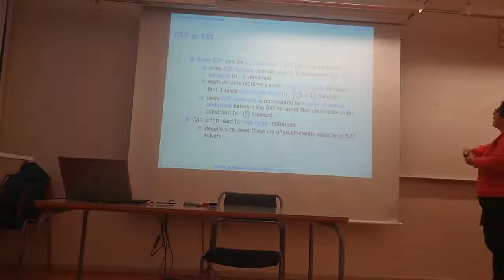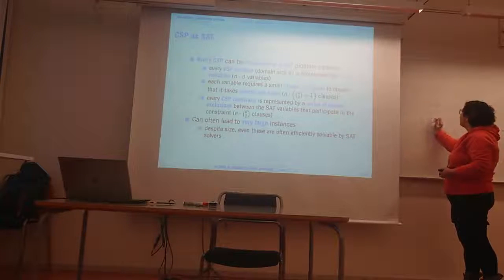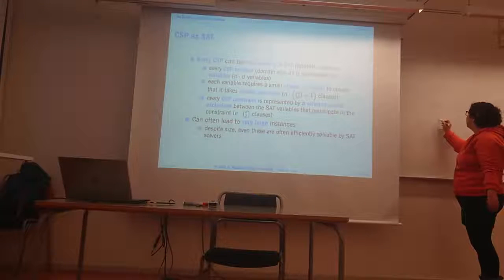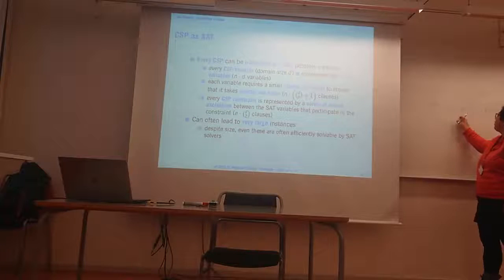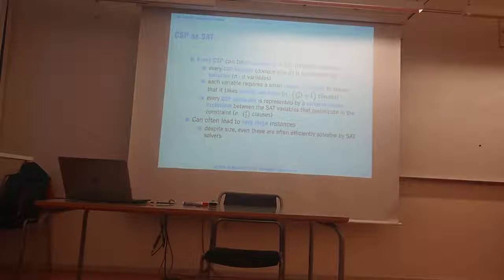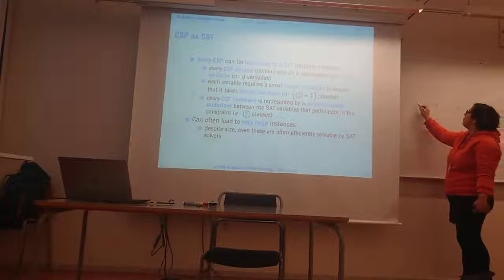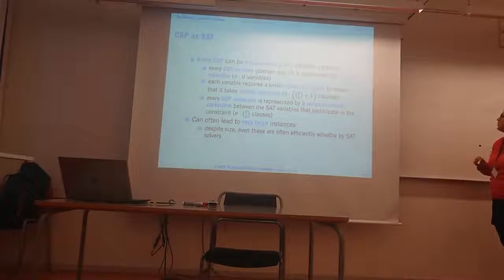And 3-SAT, which is a hard problem to solve, an NP-complete problem, is the problem where all the clauses have 3 literals. For example, in this case, 3, 3, 3, and this is called 3-CNF.